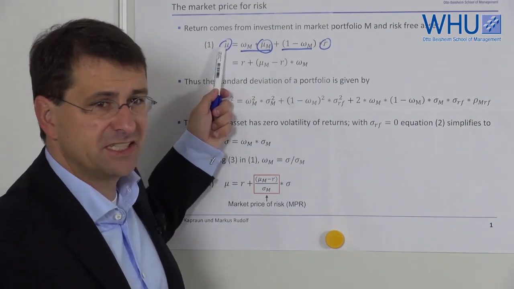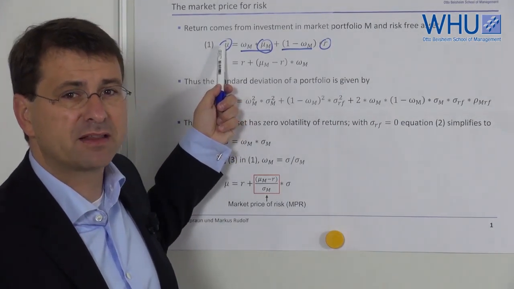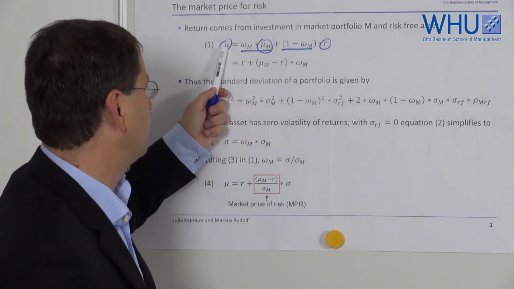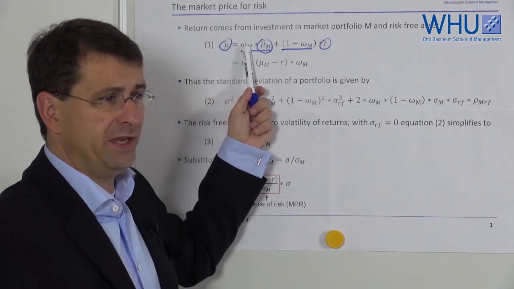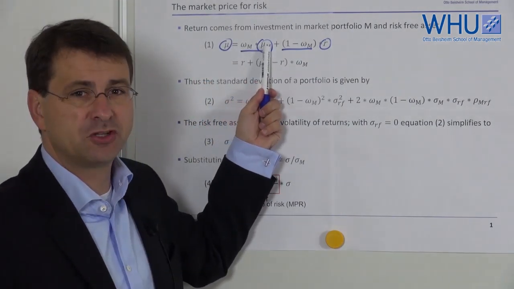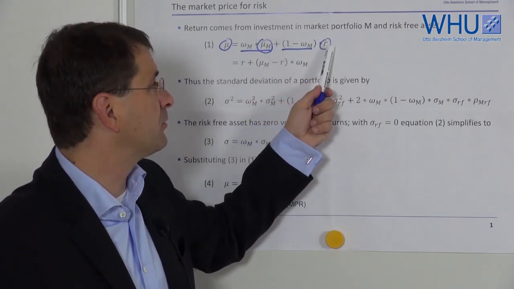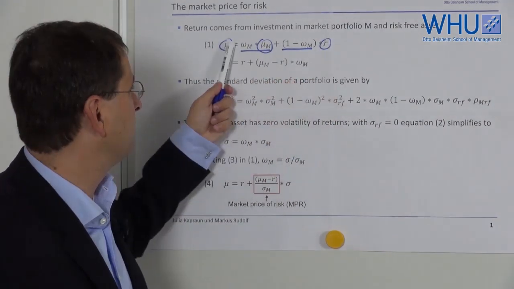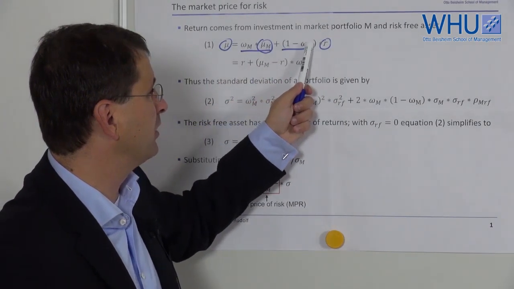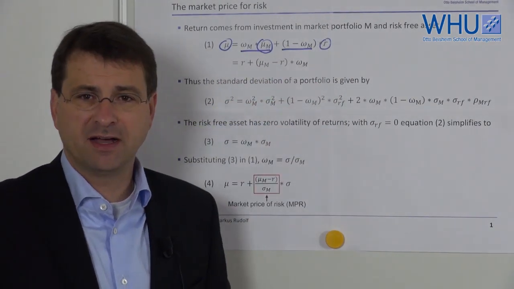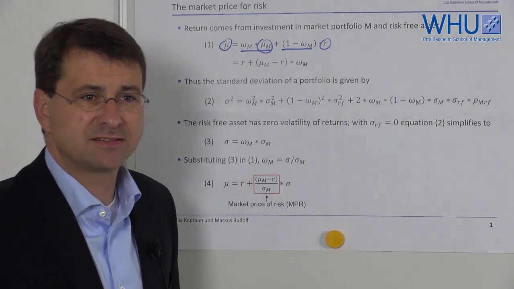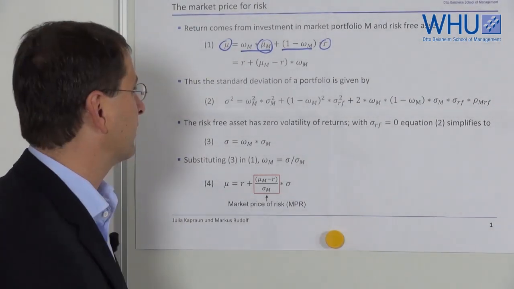So mu is obtained by simply multiplying the weight of M times the expected return on M plus the weight on R times the return on R: Wm times mu m plus 1 minus Wm times R. That is the expected return on any asset which lies on the capital market line.